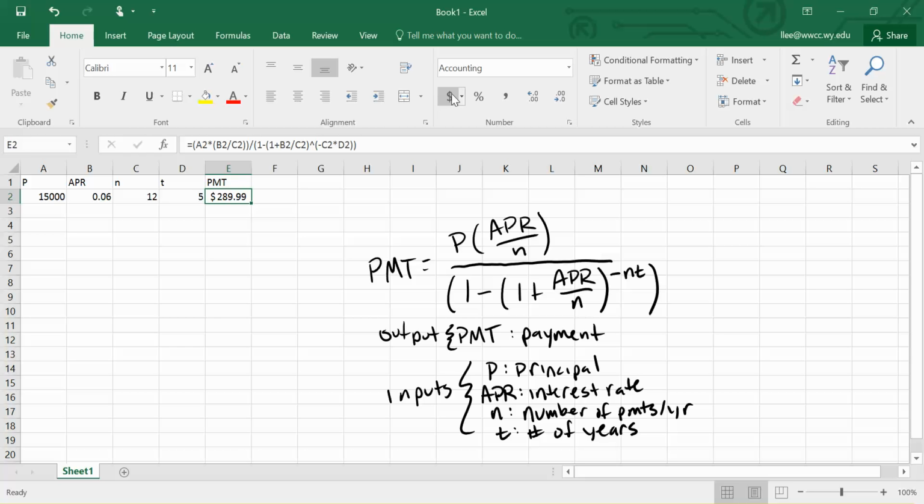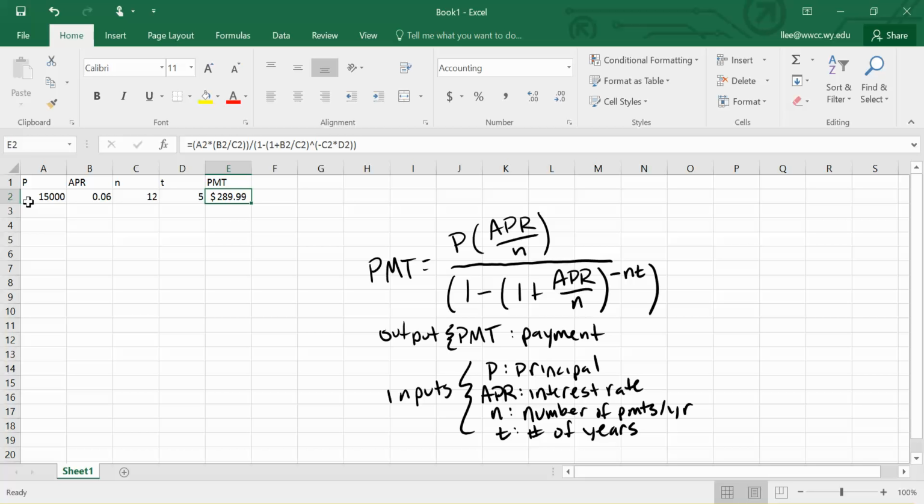But you can change it to an actual dollar figure just by clicking on that dollar sign. For other applications, you could increase or decrease the number of decimal places that it has. Just be sure that you did click on the correct one.